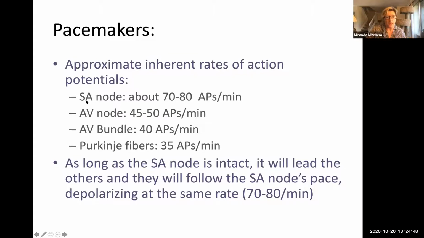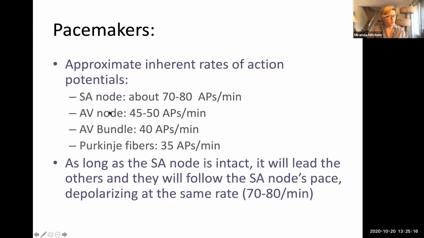And as long as the SA node is still the leader, everything's firing about the same. But what happens if that person gets tired and drops out? Then the second fastest person takes over leadership of the group. That would be the AV node, but it fires much less, about 45 to 50 action potentials per minute.